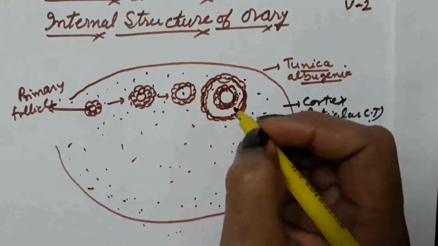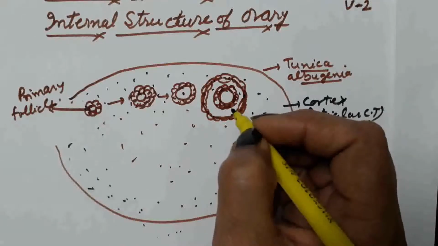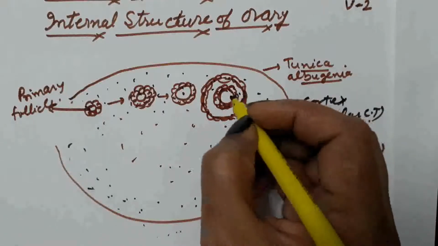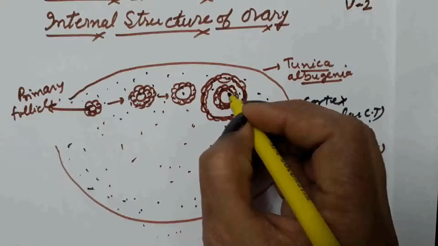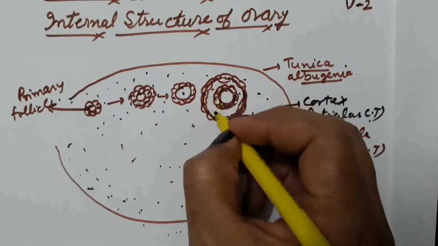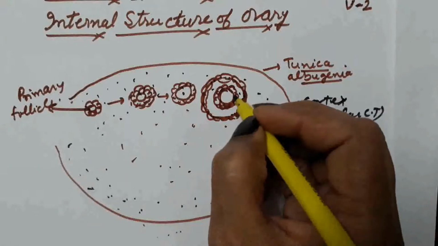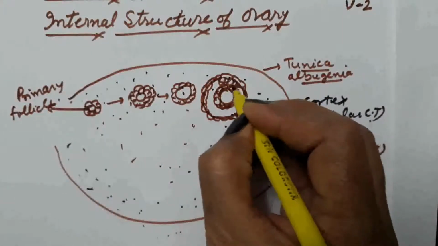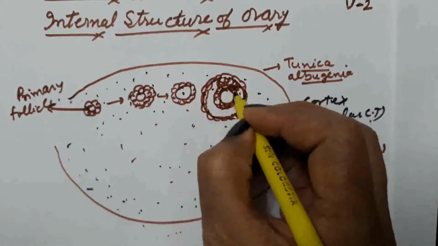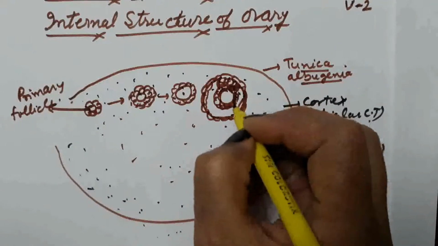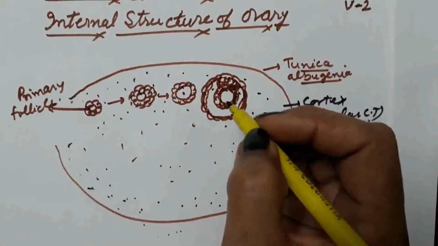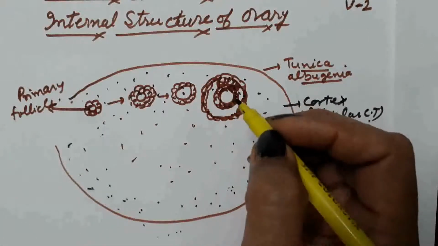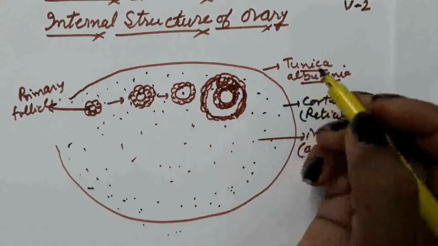This cavity is fluid-filled and we name it antrum. This secondary oocyte is suspended in the cavity of the Graafian follicle with the help of a group of cells, which we call germ hillock. So this is the Graafian follicle.